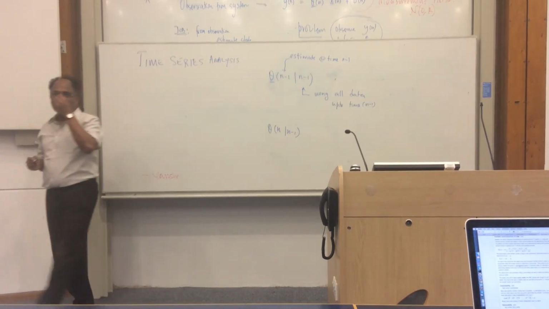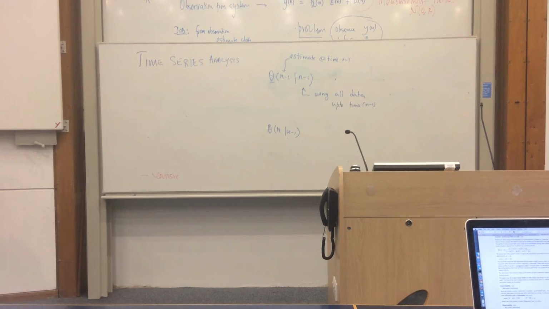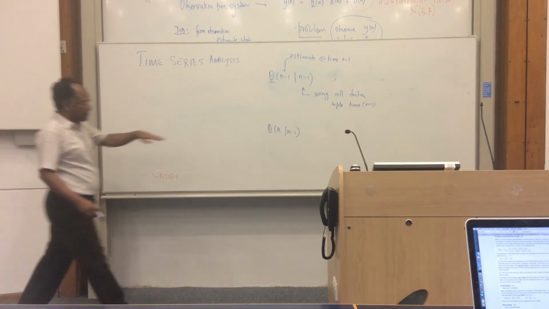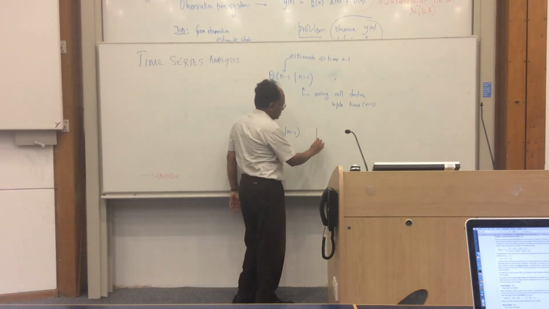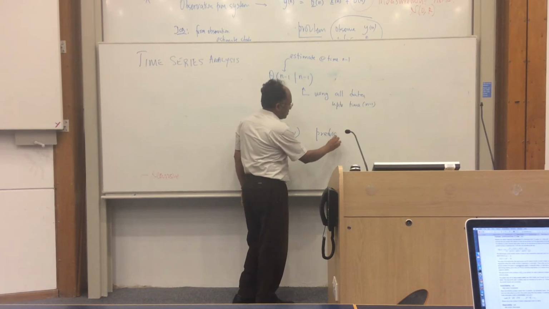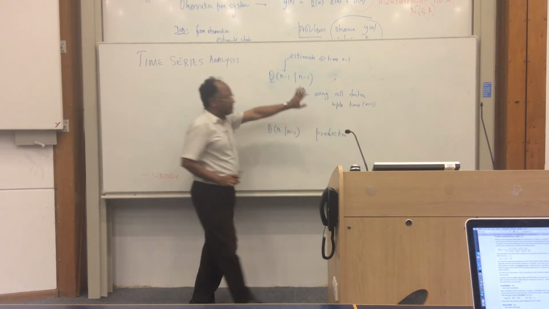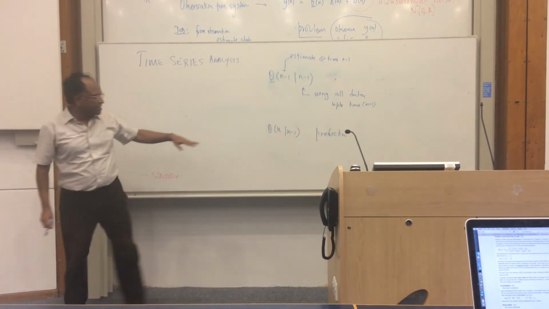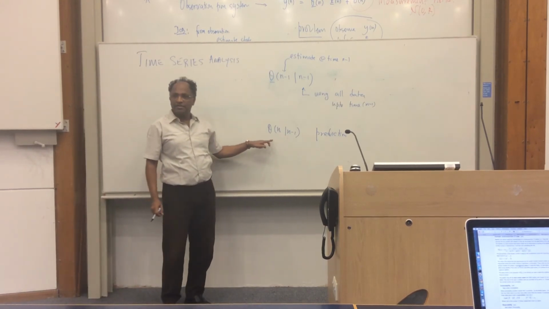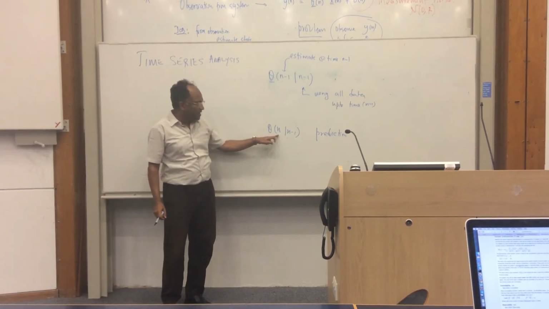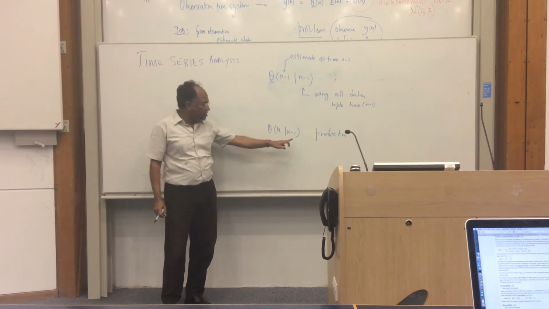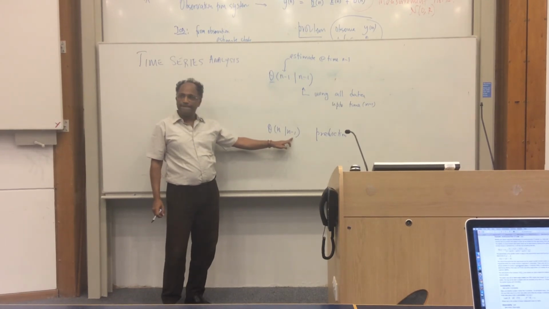Value of theta at time n when given all the data up to the previous point in time. So this is a prediction. Agreed? Under my notation, you will allow me to use the word prediction to refer to this, because I'm going to say what's theta at time n using all the past data. Okay?